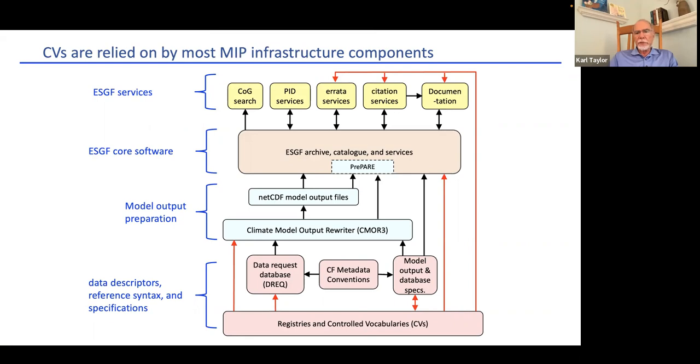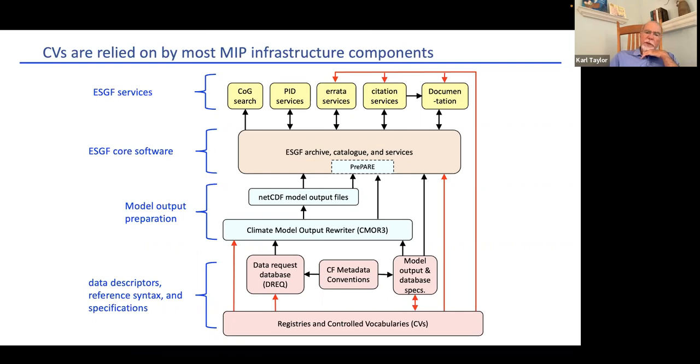They feed into not only the ESGF archive itself, where it's used in the cataloging, and we'll talk about the different ways it's used, but it also goes into, for example, CMOR. CMOR draws on the information in the CVs to populate the information it stores as global attributes in netCDF files.